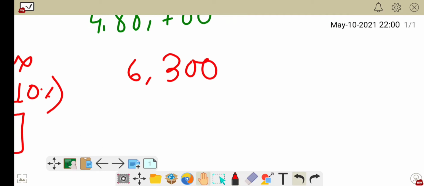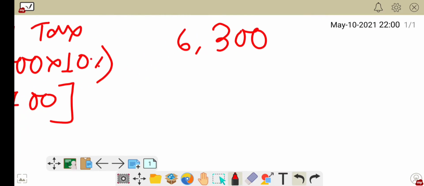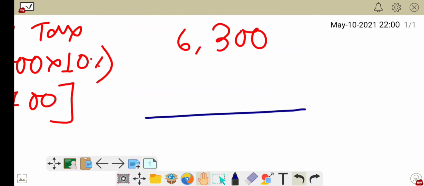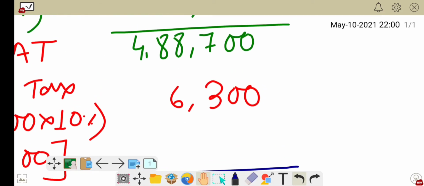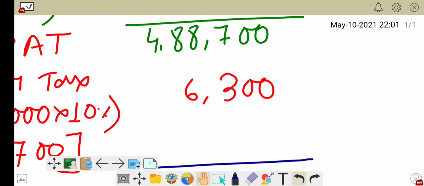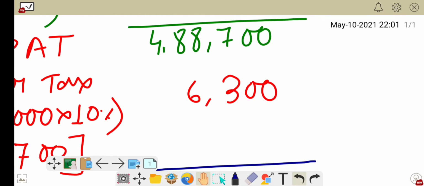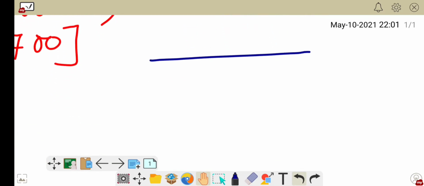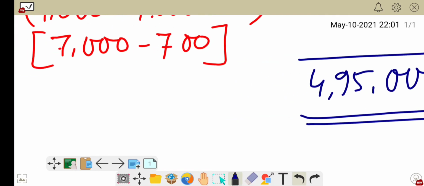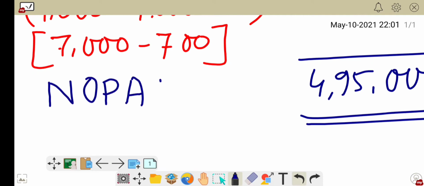After adding 6,300 to 4,88,700, we get the amount 4,95,000, and it's named NOPAT, net operating profit after tax.